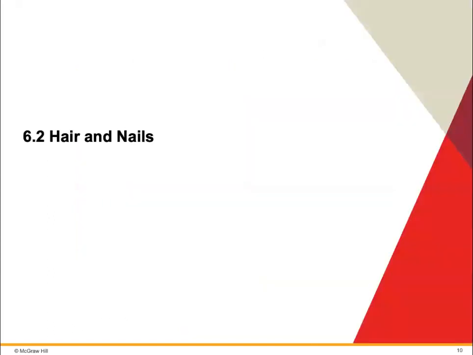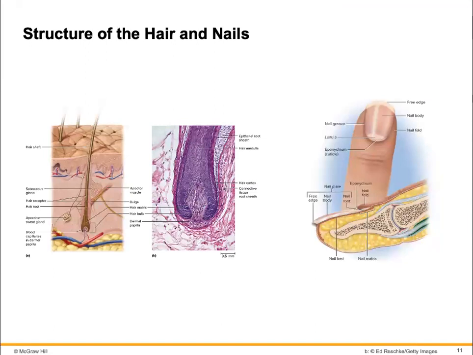So this section, you are not expected to know all of the details of, but I do want you to be aware that your hair and your nails are accessory organs of your skin, and they are composed mostly of dead keratinized cells.